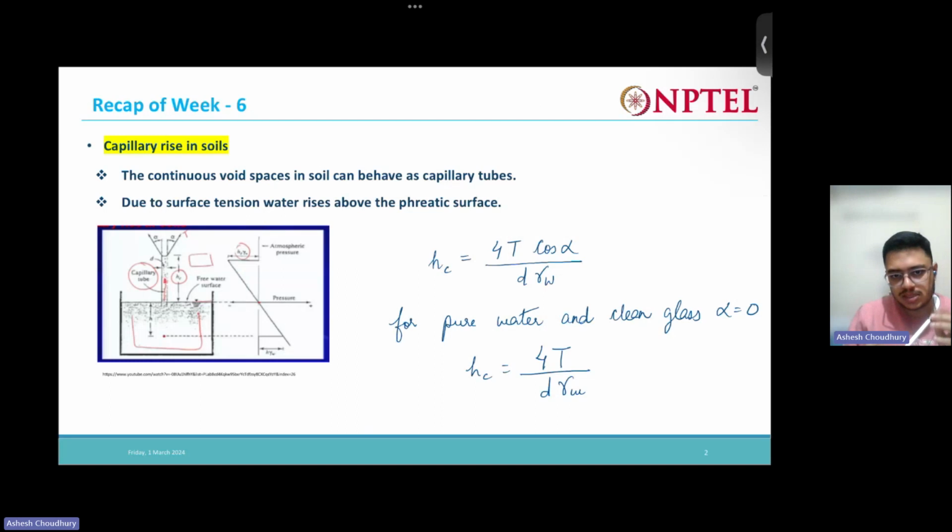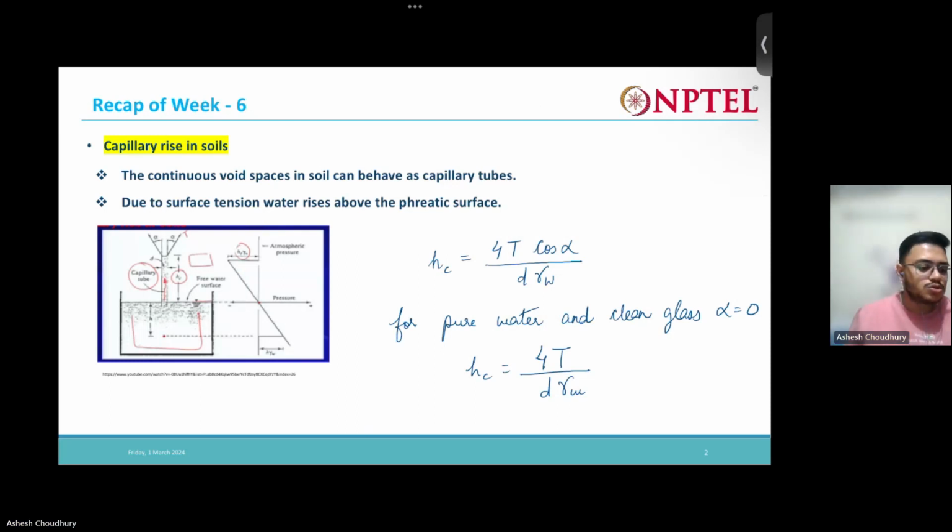Before you suck through your mouth, just the moment you put the straw into the liquid, some of the liquid gushes into the straw and rises up. That concept is nothing but the capillary rise: the rise of liquid in a tube when the tube is inserted into the liquid.